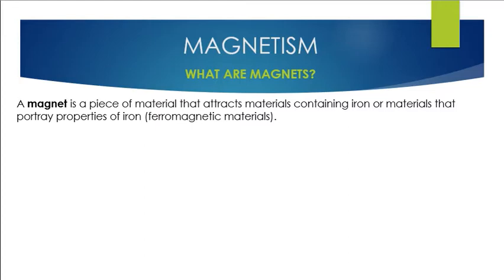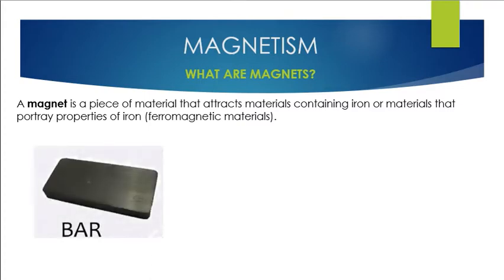However, this lengthy definition can be simply said as: a magnet is a piece of material that attracts magnetic materials. To get an understanding of the word magnetic material, watch this video till the end where we compare what magnetic materials are and what non-magnetic materials are. For now, let's look at the different types of magnets that you should know.